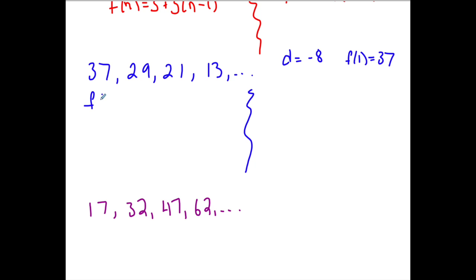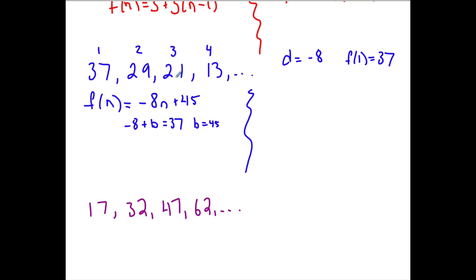So let's start with the explicit rule. First, I'm going to write negative 8n. Now, when I plug in 1, I get 37. So when I plug in 1, I get -8 plus b is 37. So when I solve that for b, I get b is 45 by adding 8.